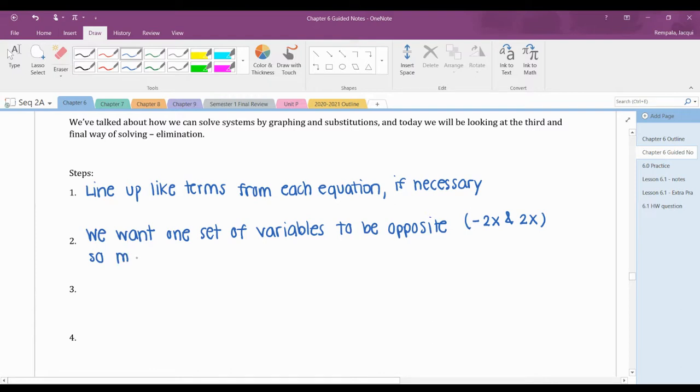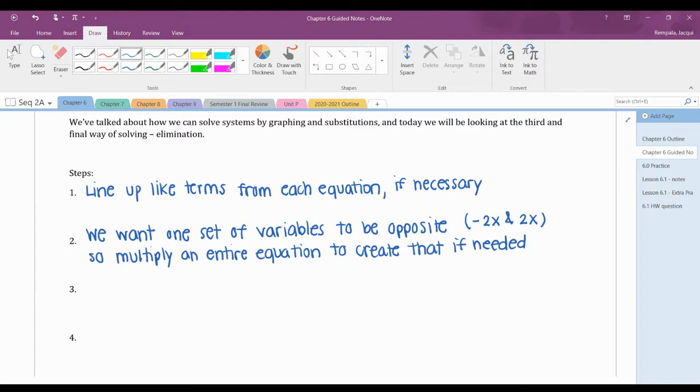So we multiply an entire equation to create that if it's needed. Sometimes we might see that it's already there for us. Sometimes we might not. Today, we are going to just be practicing when we do have opposites already given to us. But then tomorrow, we'll talk about when maybe we don't start off with opposites.